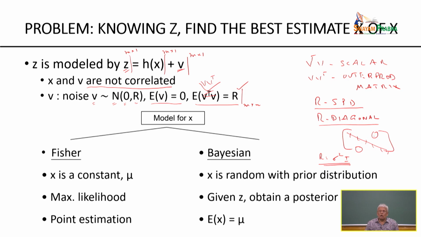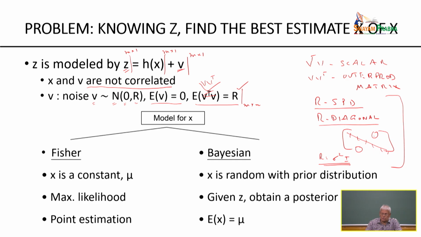Under what condition can all the diagonal elements be the same? If I am using the same instrument to measure all the different parts of Z, then I can assume that the variance affecting all the observations is the same. The noise affecting different components of the observation is uncorrelated. So there is a whole family of assumptions. R could be SPD, it could be diagonal, it could be diagonal with constant diagonal elements.